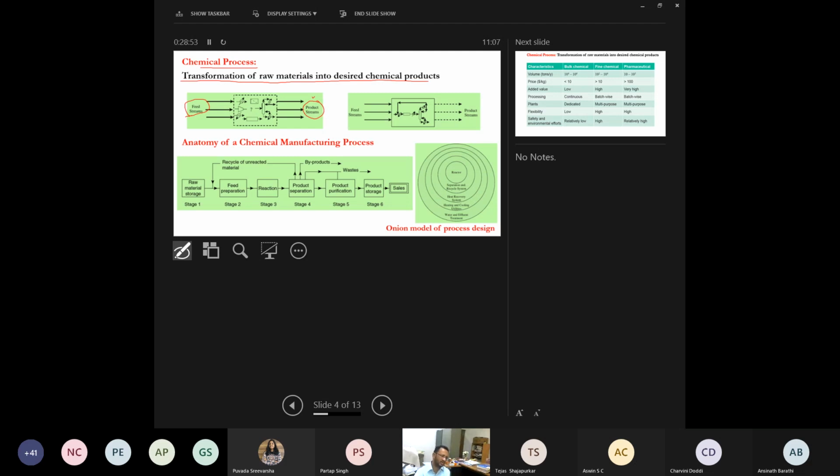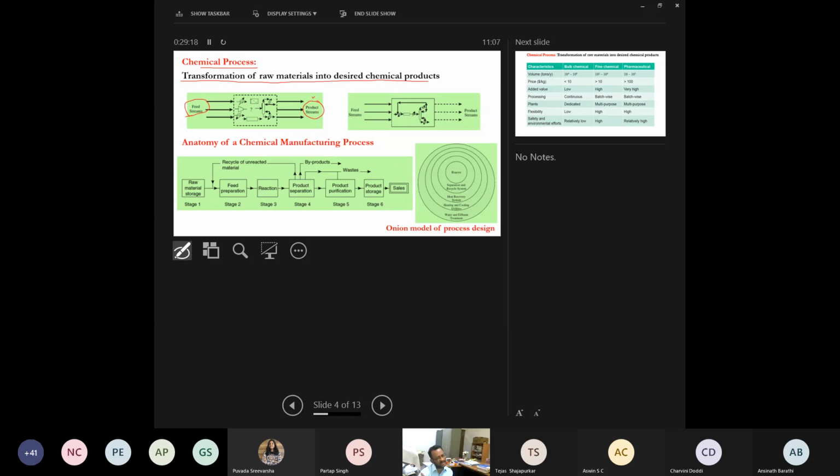You might have studied so many unit operations in your earlier semesters: particulate separation technology, separators, thickeners, drums, separating vessels, high pressure vessels, low pressure vessels. In chemical technology, you might have studied how these operations are interconnected.